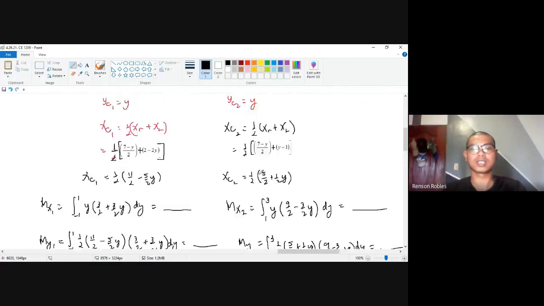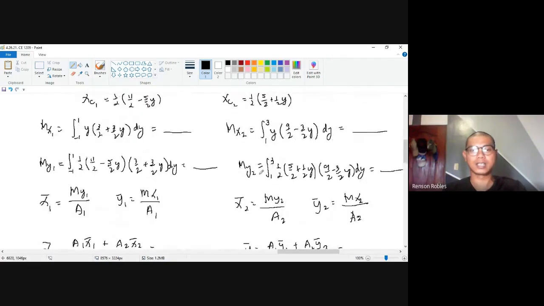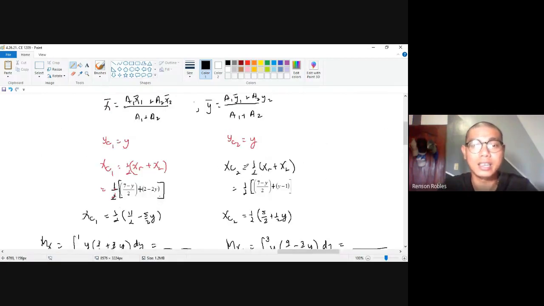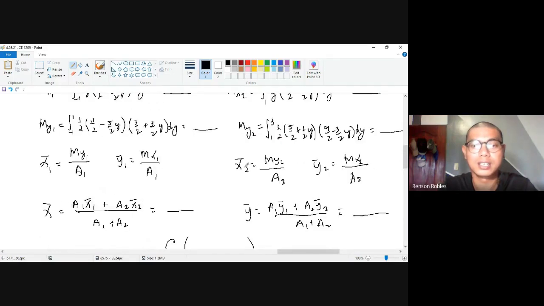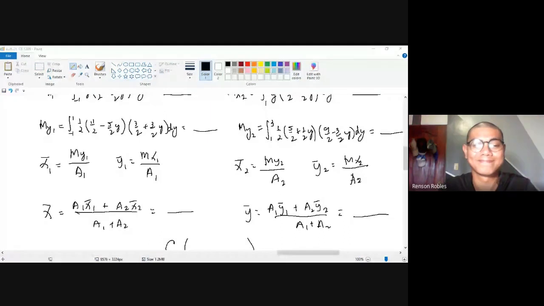You do this on your sheet. Na-set up na natin. The only thing you need to do is to simplify and integrate. Okay? Alright, question, clarification? I hope you're doing great on your sheet. I hope you're getting this right.